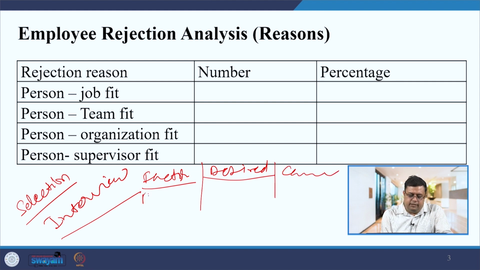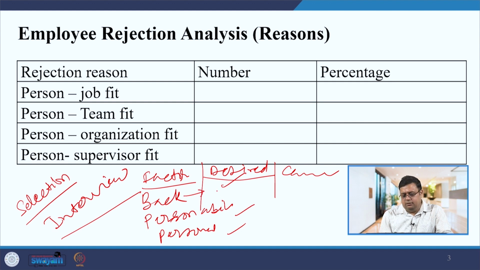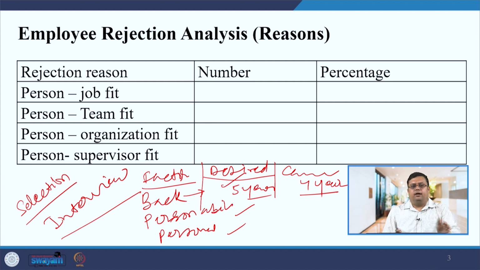A factor could be related to the background, to the person's ability, or to the personality. And then what is the desired level? For example, for background somebody may require 5 years of work experience, this is the desired. And how much is the candidate having? For example, 4, right. In the same way, that entire sheet can be prepared, and then the decision can be taken whether this candidate should be selected or rejected, right.